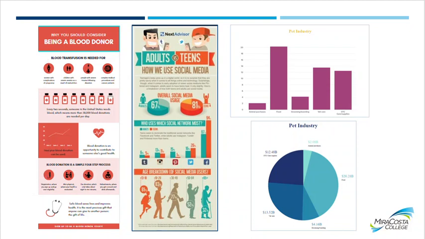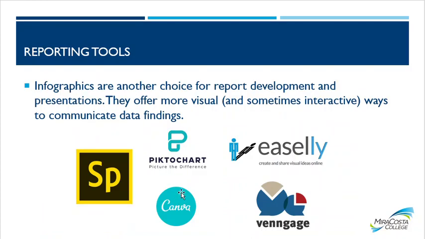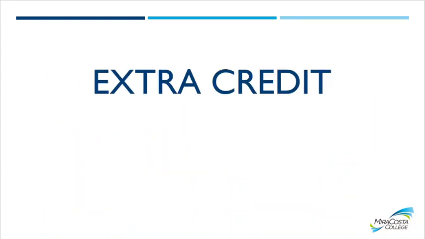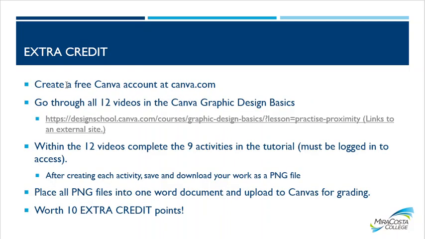So speaking of Canva, your extra credit assignment, if you would like, everyone likes extra credit, right? Especially when you don't have to write a paper. Create a free Canva account at canva.com. Go through all 12 videos in the Canva Graphic Design Basics course. Here is the link here. Within the 12 videos, complete the 9 activities in the tutorial. You must be logged in to access this. After creating each activity, save and download your work as a PNG file.